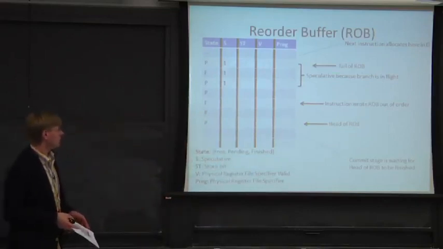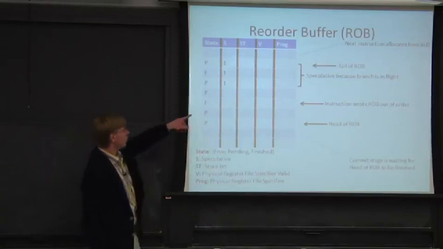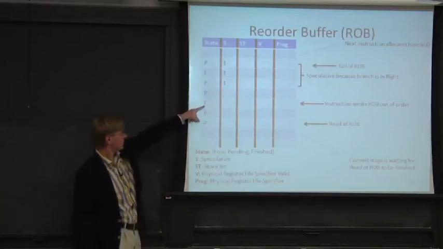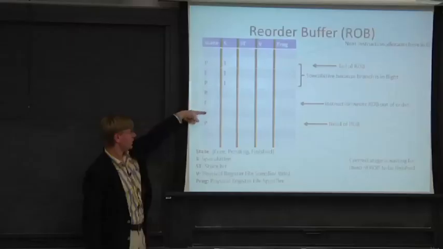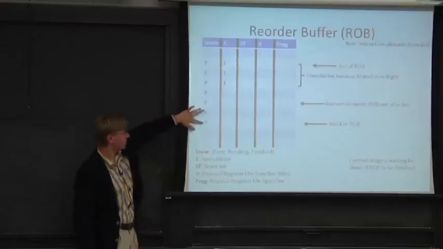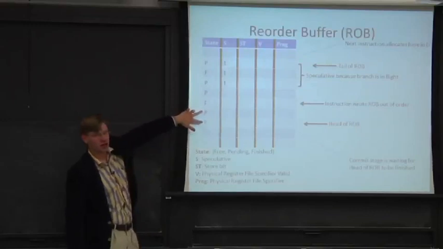What's interesting about this, and why this is cool, is let's take a look at this instruction right here. This instruction has an F, which means it's finished, that it's not pending in the pipe. It's hit the reorder buffer. The data is stored in the physical register file. But instructions that are older than it, these two instructions, are still pending in the pipe.